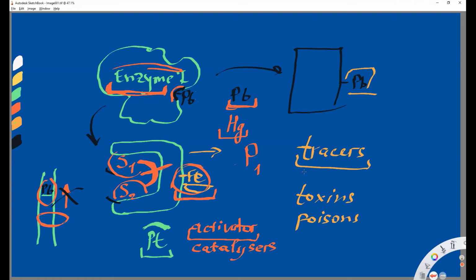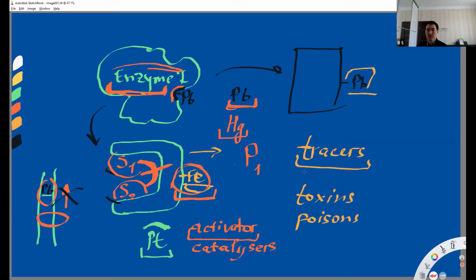Okay. Here it is about toxin poisons that stop the enzyme from producing product. Also, there are some inhibitors that I know that stop the enzyme from producing products too. So what is the main difference between them? The effect of toxin poisons might be irreversible, or it might be reversible.